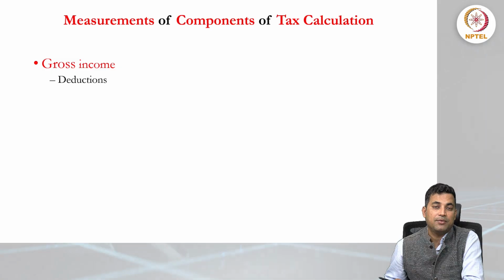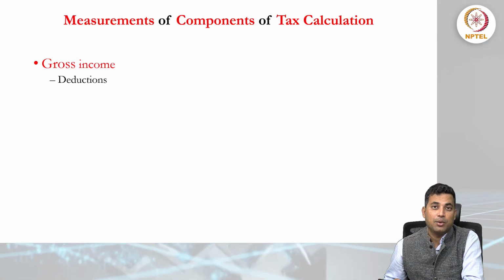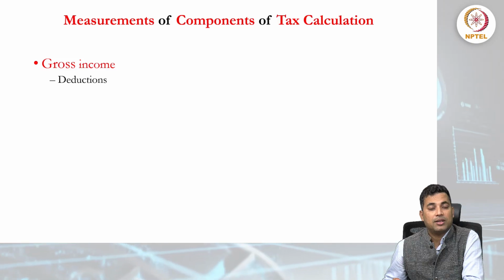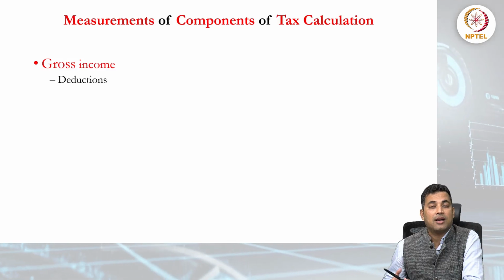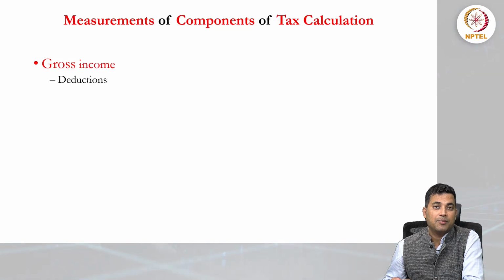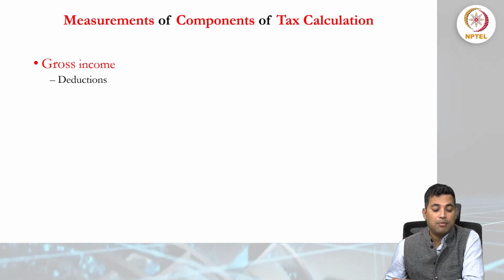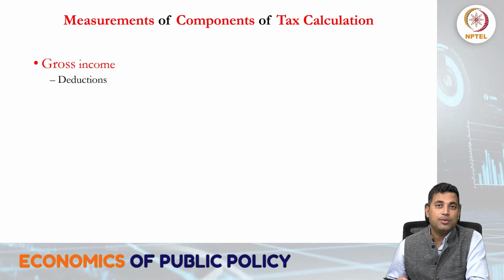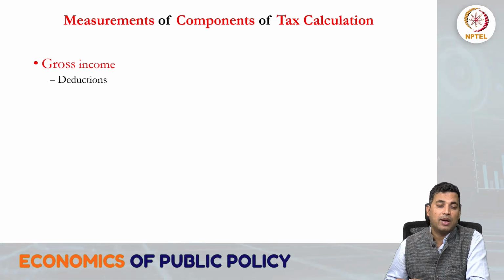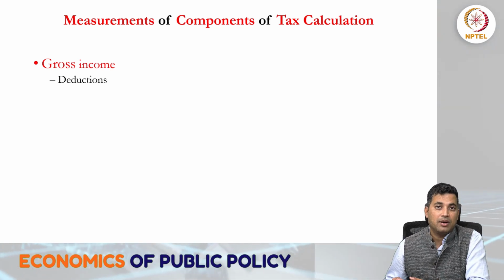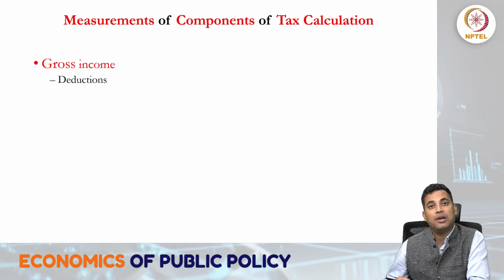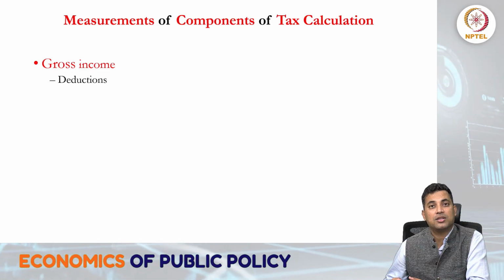For instance, if we take the example of workers in a factory, the deductible components in that particular pay slip or in that particular job also have to be clearly stated. Once we know the income, while calculating income and taxes, we really need to clearly understand how deduction takes place.